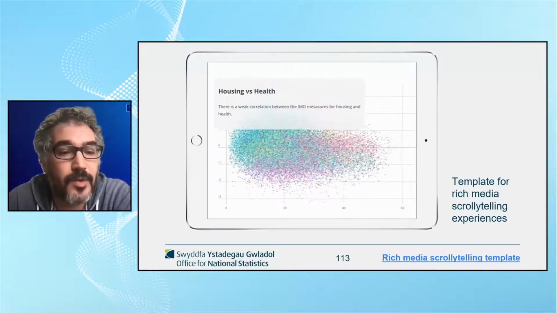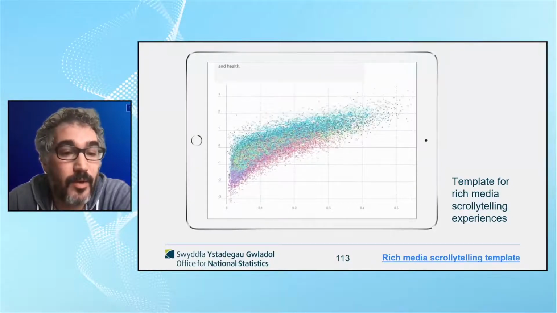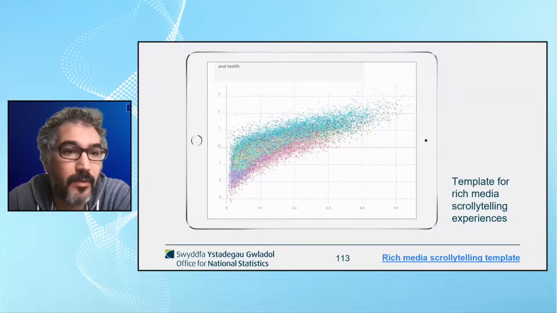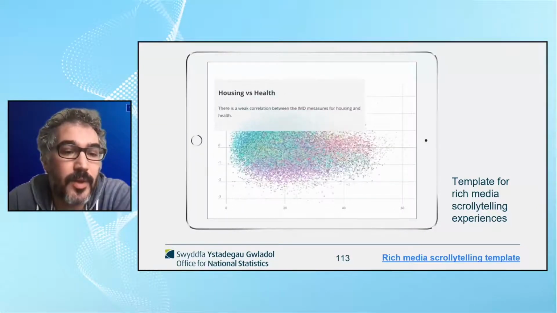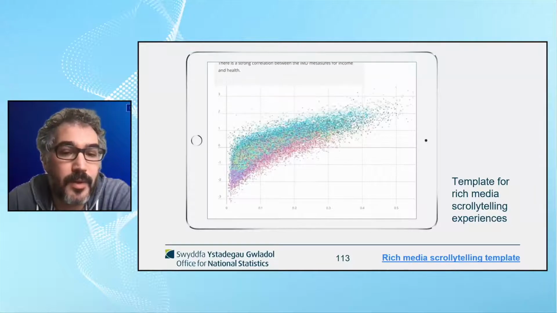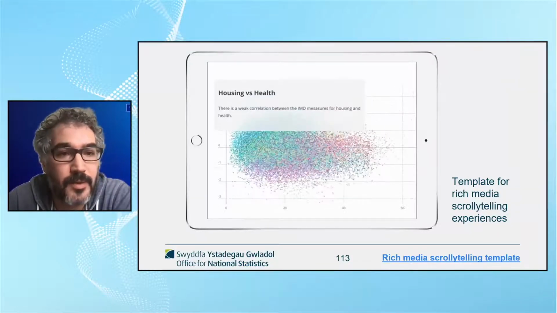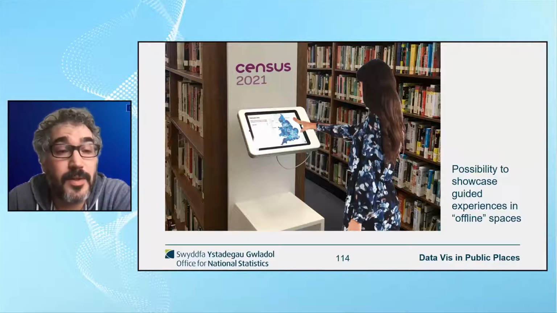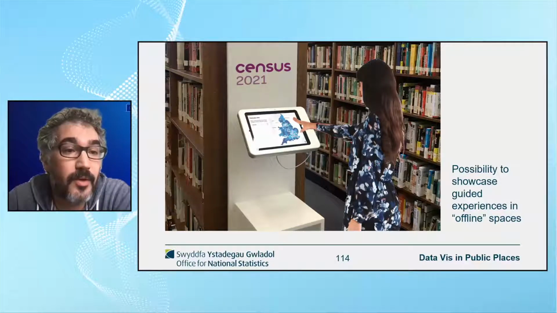Another is chart based, where you might have a very complex chart, or a chart with some level of complexity, that we can bring people through using a series of linked captions, and thinking towards this idea that these experiences are standalone and could be placed also in public spaces.